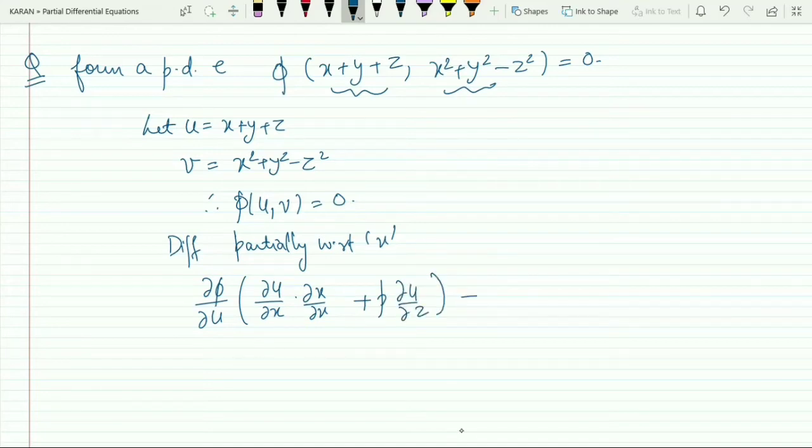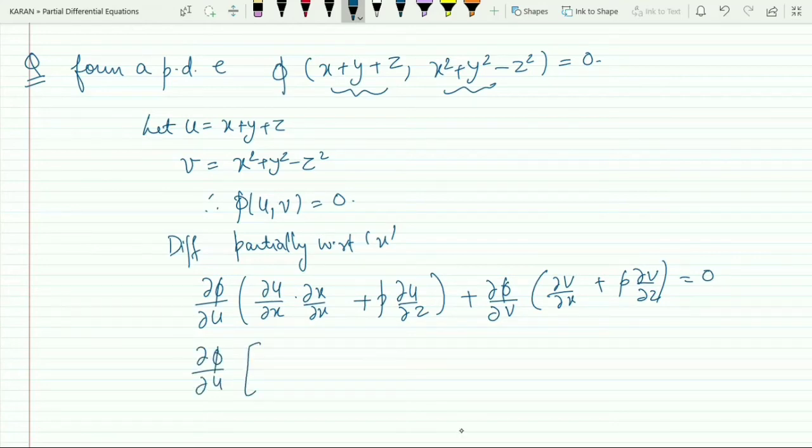And when you differentiate again, ∂phi/∂v into ∂v/∂x plus p into ∂v/∂z equals 0. So just substitute the values. What is my ∂u/∂x? u is x plus y plus z, so ∂u/∂x is 1, plus p, and ∂u/∂z is also 1.